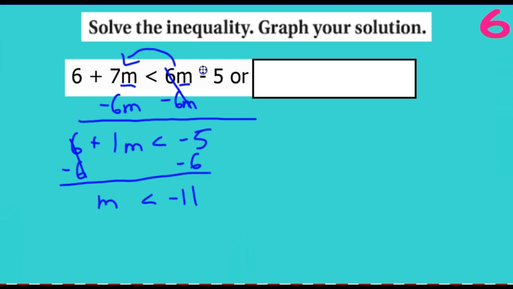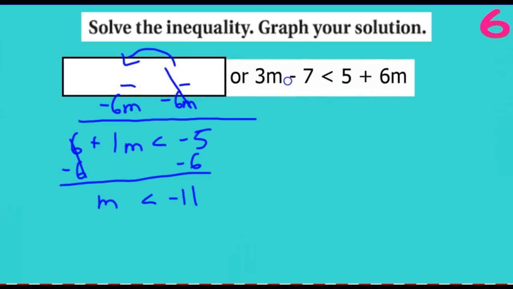So we've done one of our problems now. I'm going to move this back over here so I can focus on this one. Again, we have an m on both sides, and I want it all the way over here, so I'm going to subtract 6m.